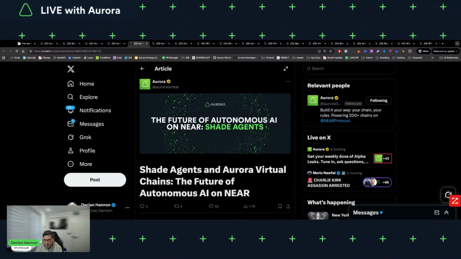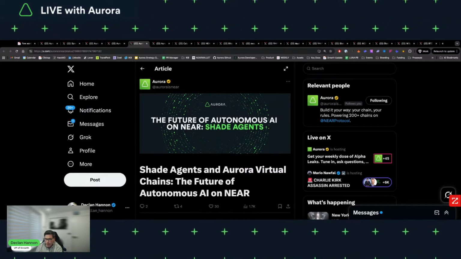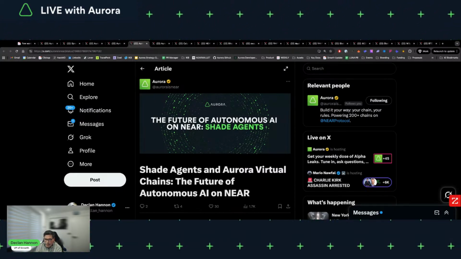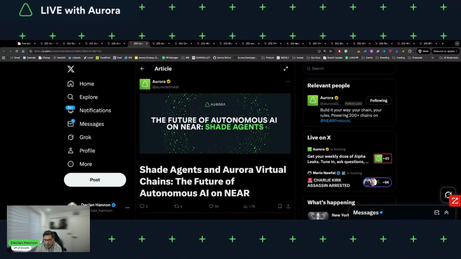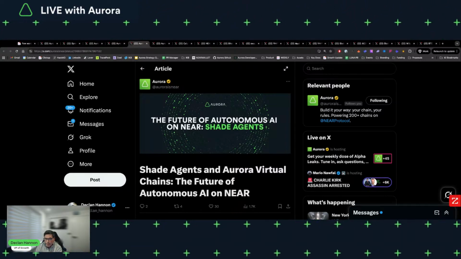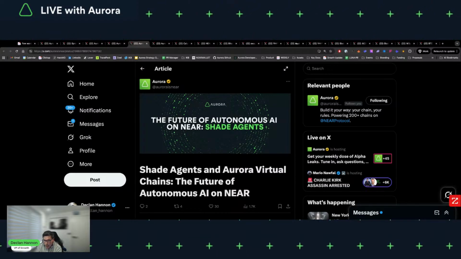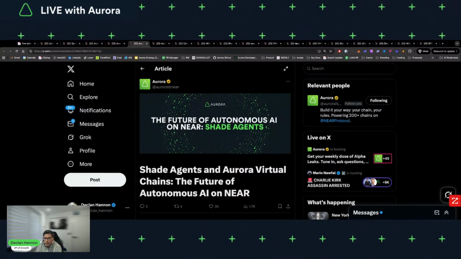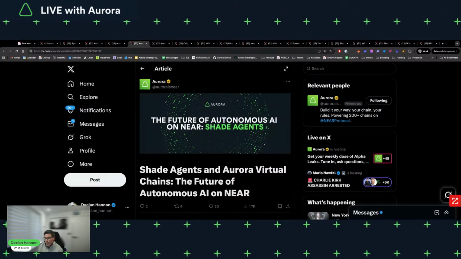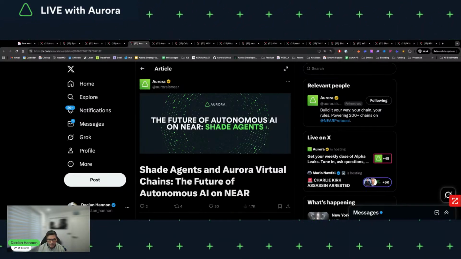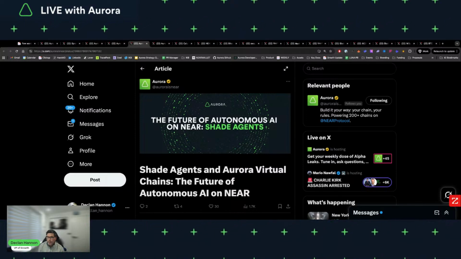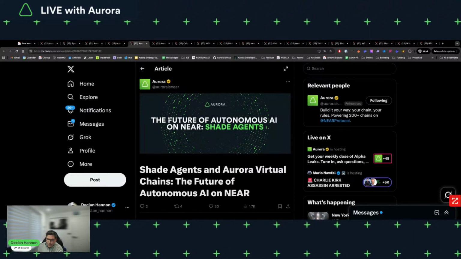Now, shade agents solve this problem because they're essentially AI-powered agents that live inside TEEs, which stands for Trusted Execution Environments, and they're tied directly to the smart contracts on Near. Now, in the case of virtual chains, builders can fully leverage this functionality now to remove that single centralized point of failure. So if it's of interest to you, or if you're building, please be sure to check it out and read the article in more detail.